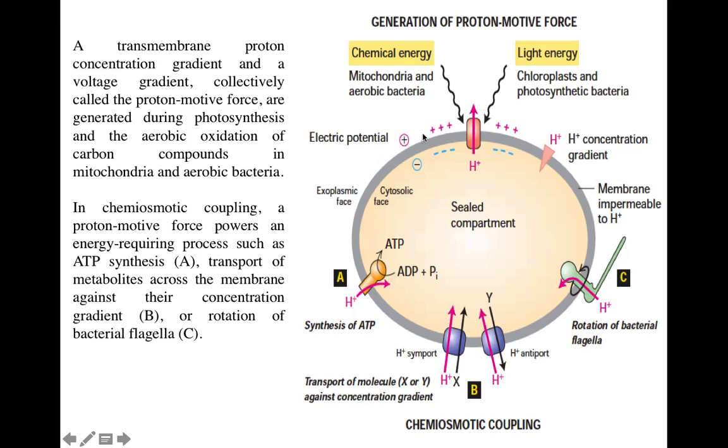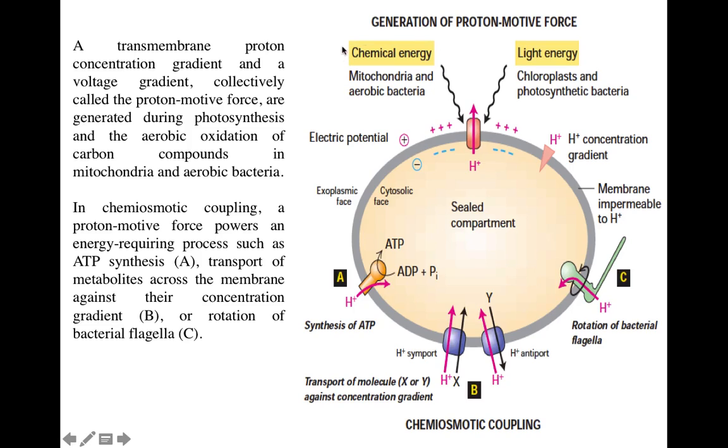And second thing, because the molecules on the outside of the membrane are positively charged, there's more positive charge on the outside as compared to the inside. So the inside is more electronegative and the outside is more electropositive. So putting these two things together, the concentration gradient and the voltage gradient, we call this a proton motive force. So this proton motive force is generated by chemical energy.